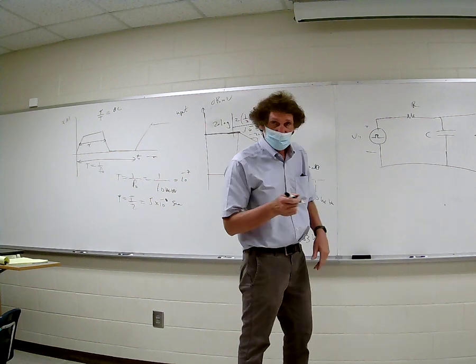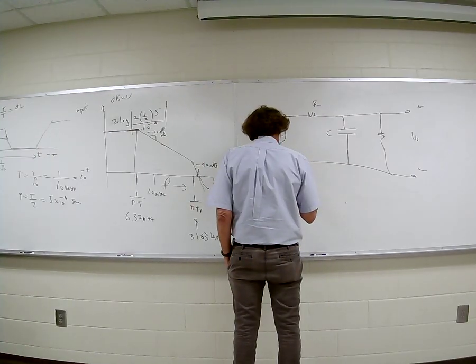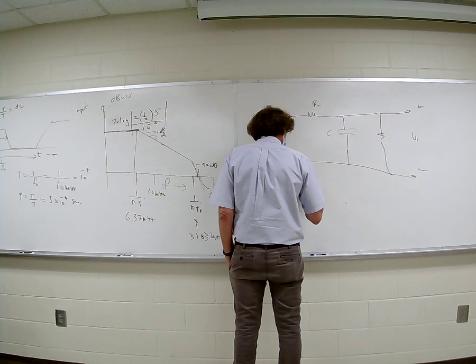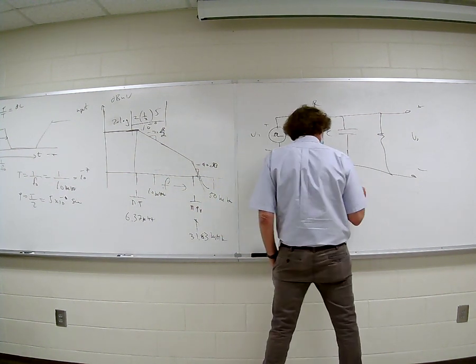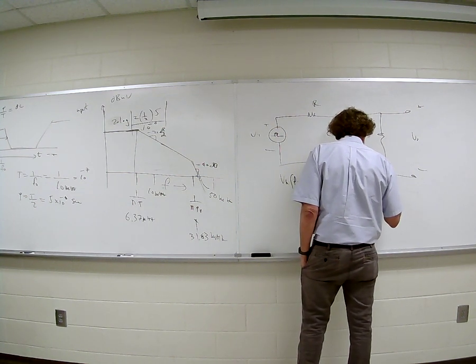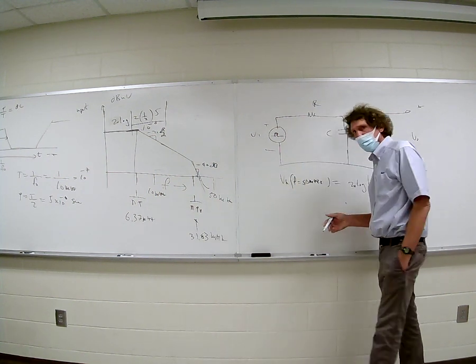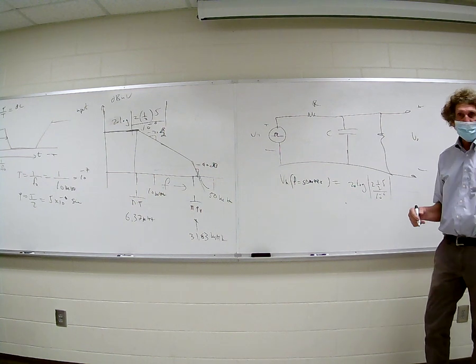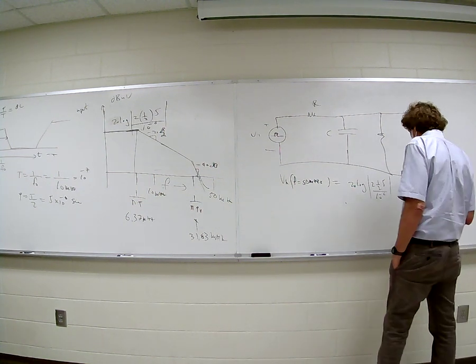So now we're going to say Vn at F equals 50 megahertz would be equal to 20 log of 2 times 1/2 times 5 divided by 10 to the minus 6. That's like 133, I think. 133 dB microvolts. You can correct me on that.